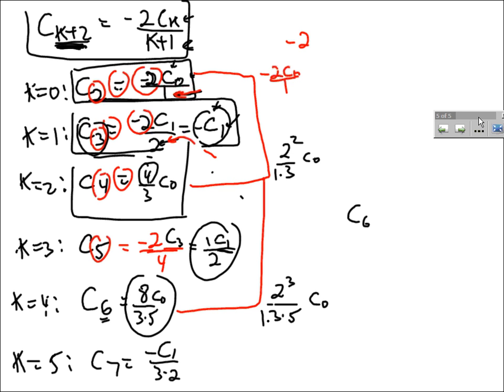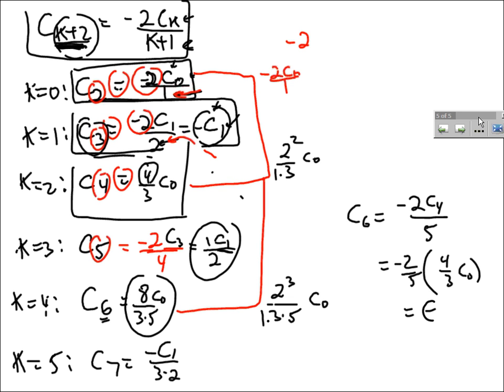C sub 6, that means K is 4. So it's negative 2C4 over 5, so it's negative 2/5 times C4, which is 4/3 C0, which is clearly negative. Sorry, it's negative.